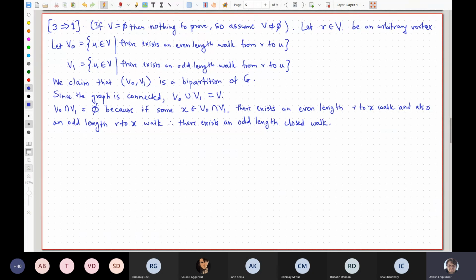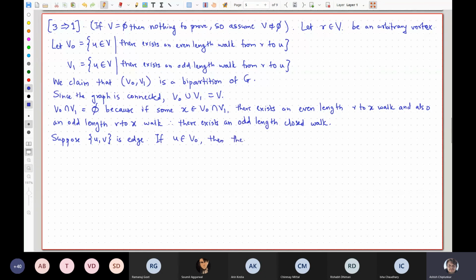Yeah, so now what? Now suppose UV is an edge. If U belongs to V0, then what?